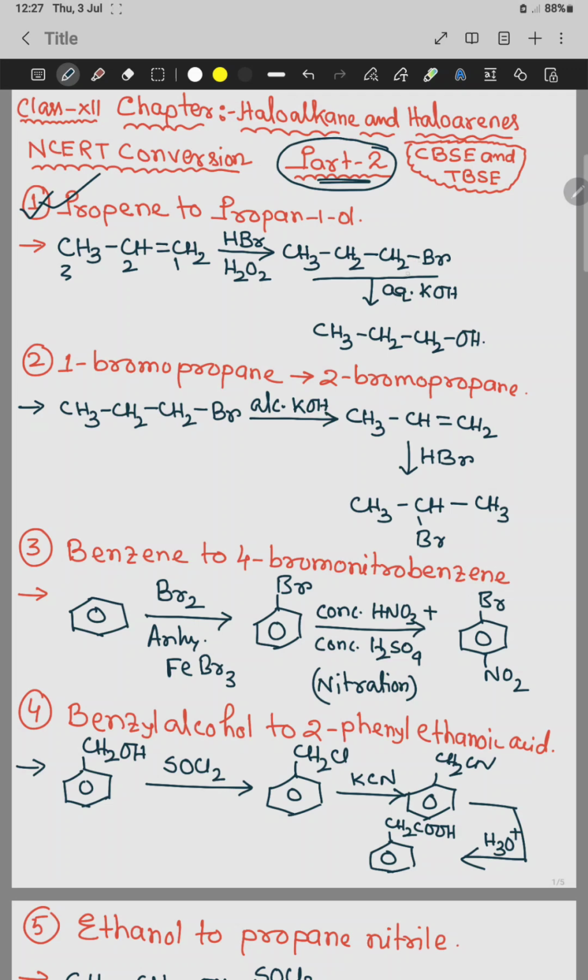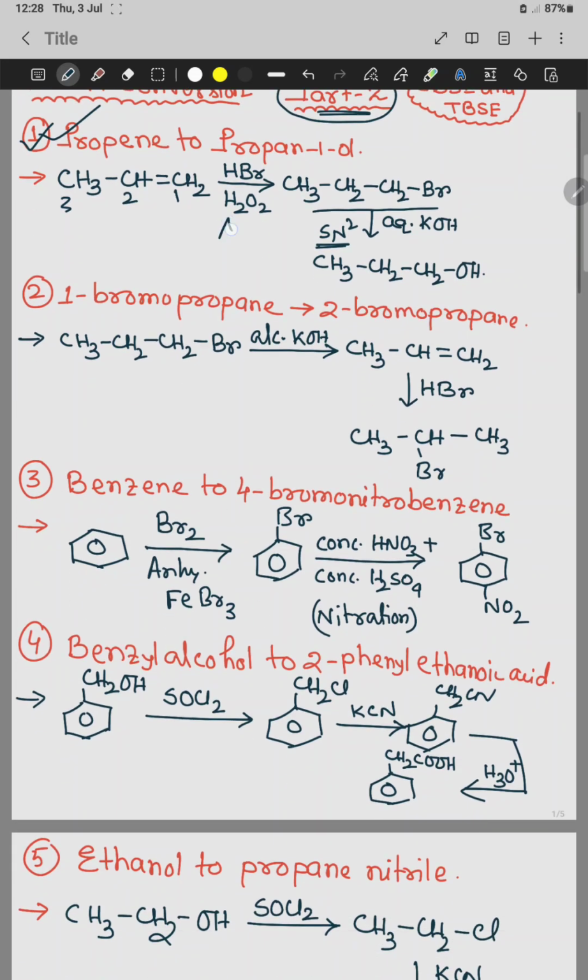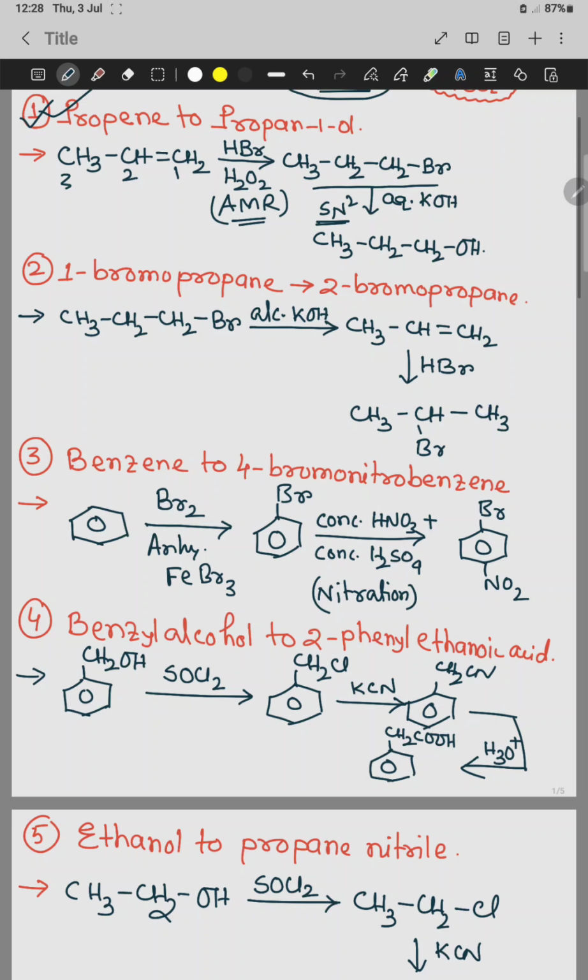When we treat this with aqueous KOH, we will get our desired product, propan-1-ol. Here the reaction is an SN2 reaction. First one is the anti-Markovnikov reaction, and then we will do the SN2 reaction.